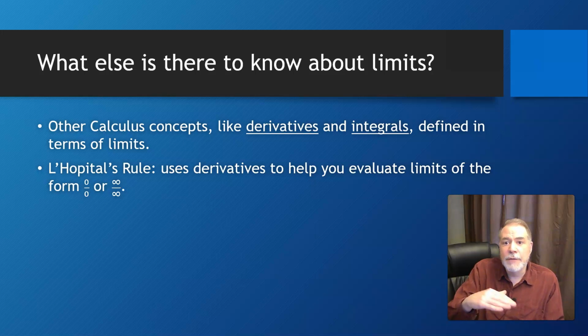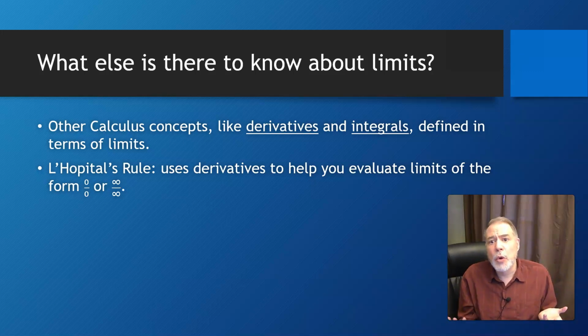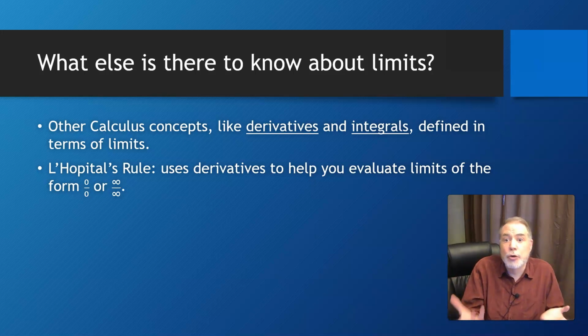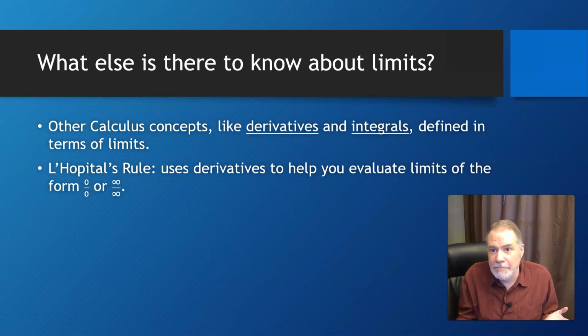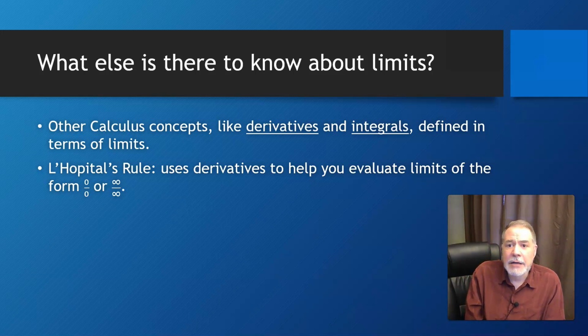So if you're looking for the limit of an expression where the numerator and the denominator both individually approach 0, you can use L'Hopital's rule in many cases to be an easy way of figuring out what the limit is. But since that involves derivatives, you don't meet L'Hopital's rule until after you've learned all about derivatives and how to find them. It might not show up until the second semester of calculus, if you're taking the calculus sequence.